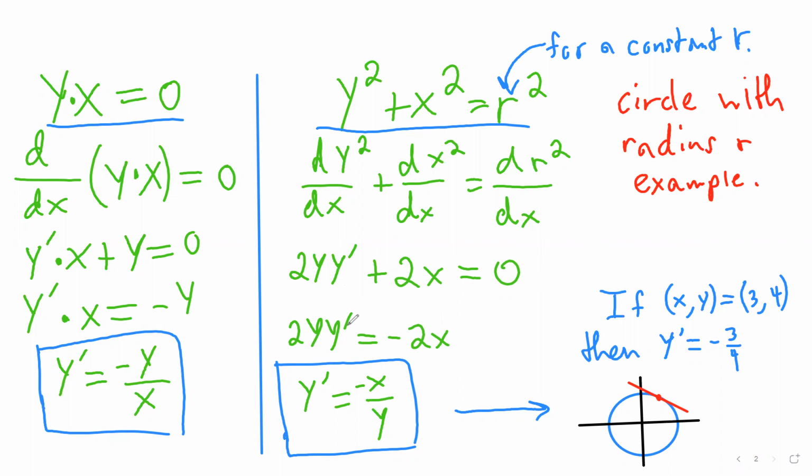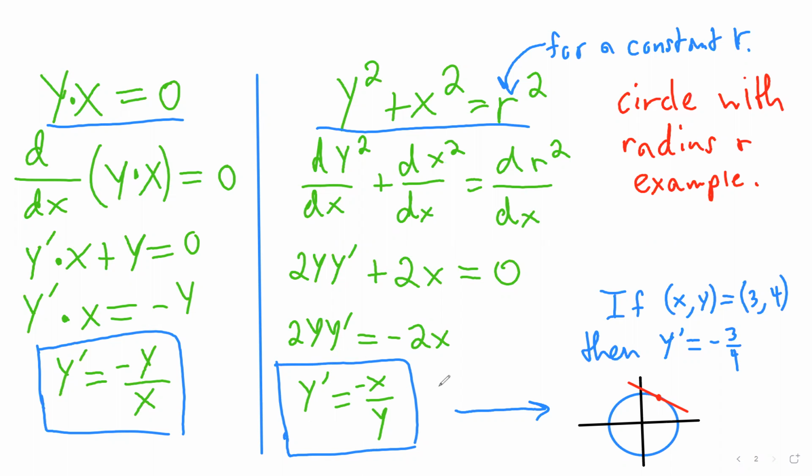If we isolate y prime by dividing by 2y, we end up getting y prime equals negative x over y. And so this is what we'll have for our relation for the derivative of y, or the derivative of a tangent line of our circle. We'll be able to know what the slope would be for any particular tangent line on the circle. That's what this represents.